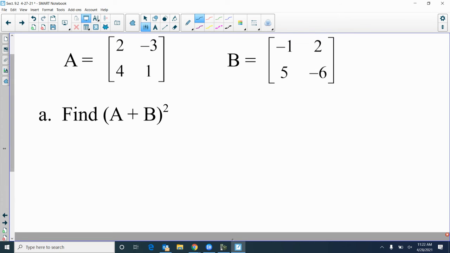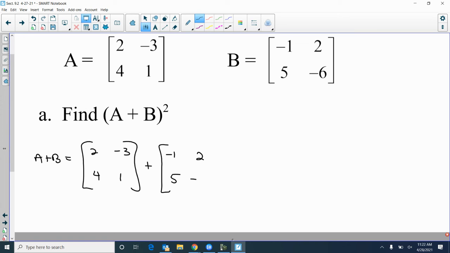And so I got A plus B is going to equal 2, -3, 4, 1 plus -1, 2, 5, -6. And when I add those together, you just add corresponding elements. 2 plus -1 is 1. -3 plus 2 is -1. And then 4 plus 5 is 9. And then 1 plus -6 is -5.